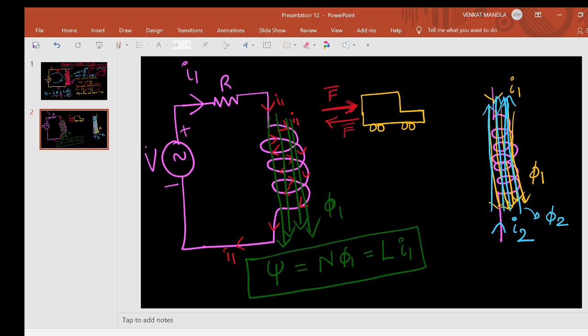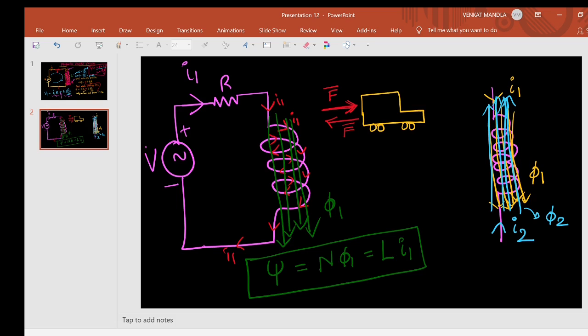We are not applying anything to the inductor, but we suddenly applied some alternating current I1. So the inductor always tries to oppose by making an equivalent opposite flux go through it. How does it happen?